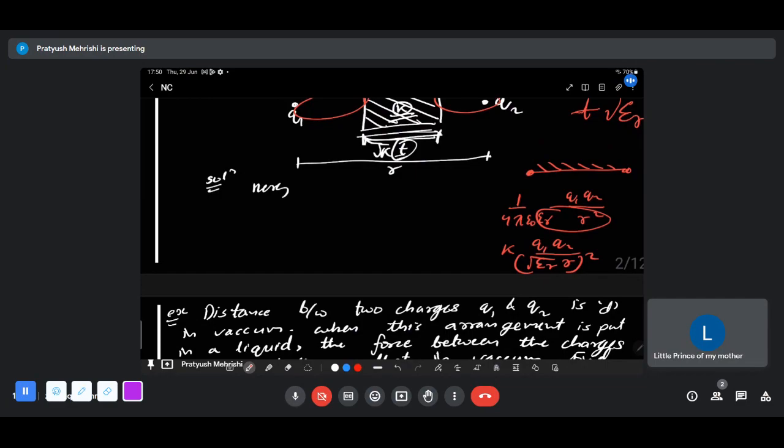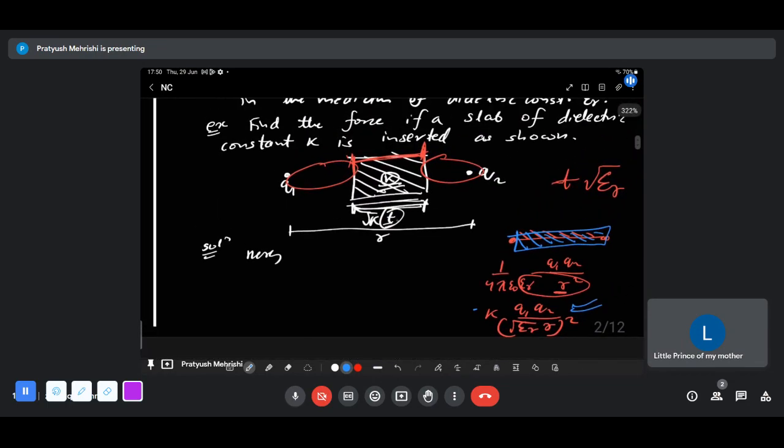Here carefully, totally between these two charges, full material is filled, that's why we can write this formula. But if half of the material is filled, then only for half we can write this formula, and for half we write the normal formula. Got it?